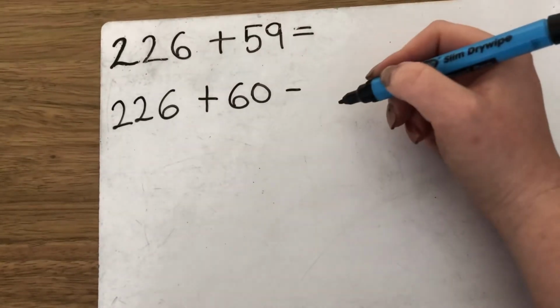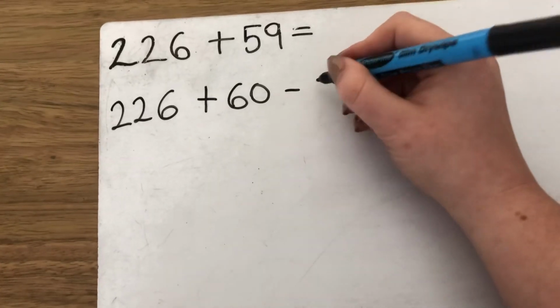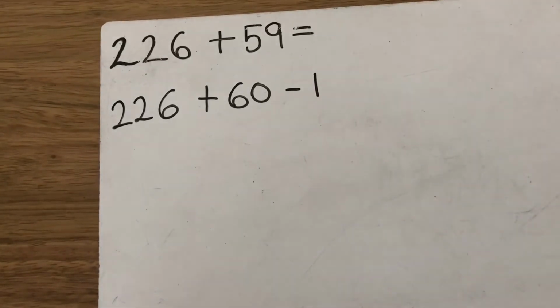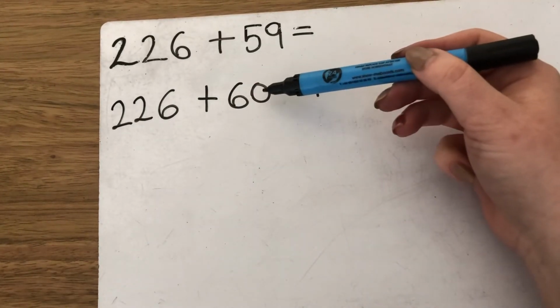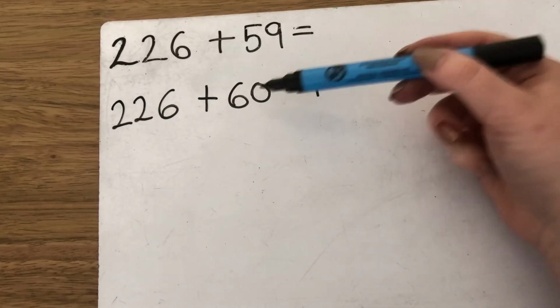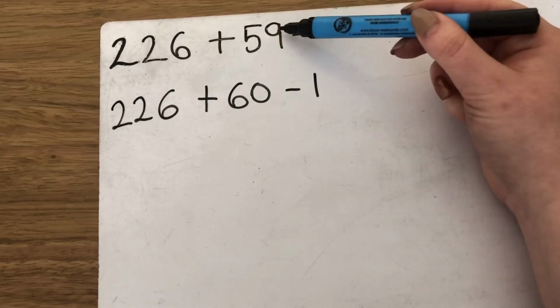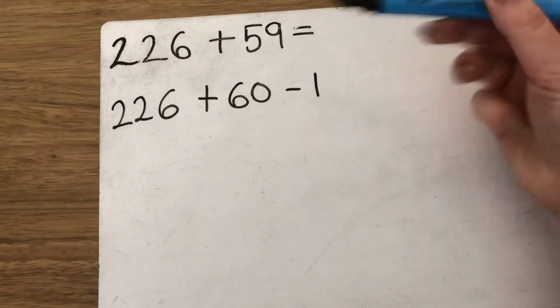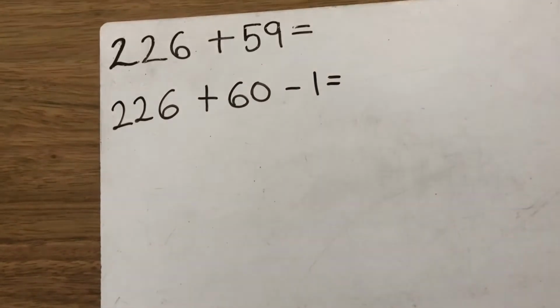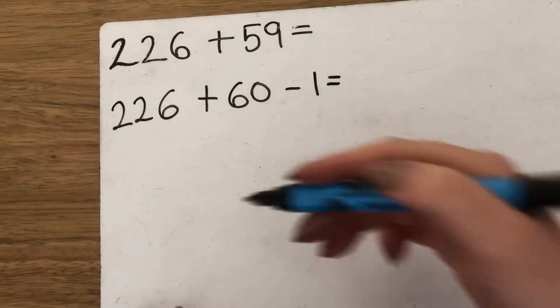And what do we not need to forget? Brilliant, we can't forget to subtract that extra 1. Because we didn't want to add 60 to begin with, we only wanted to add 59. So we'll add the 60 and then subtract that 1 to make the calculation correct.